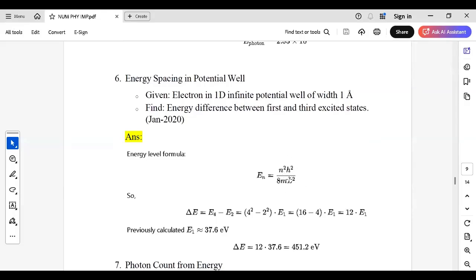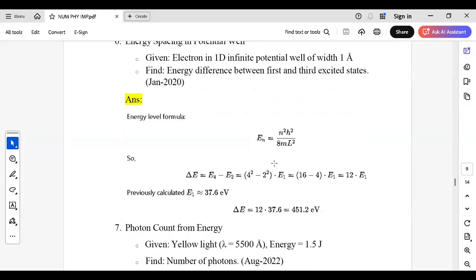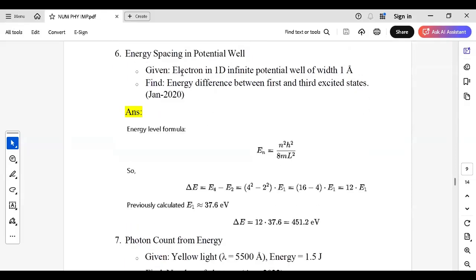n square h square by 8 m l square. Okay, right? So now what are they asking? Given that its width is 1 Angstrom, what we have to find out is the energy difference between the first and the third excited state. Energy of first excited state means E2. The energy of third excited state means E4, right?